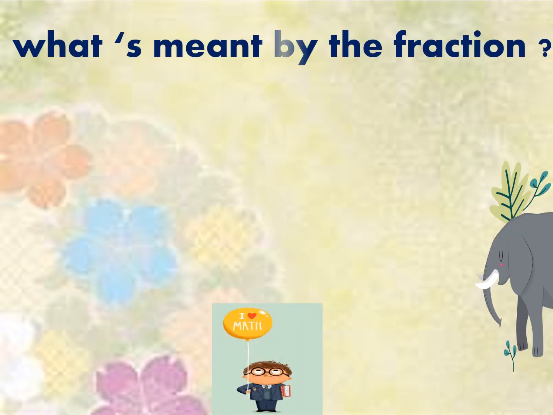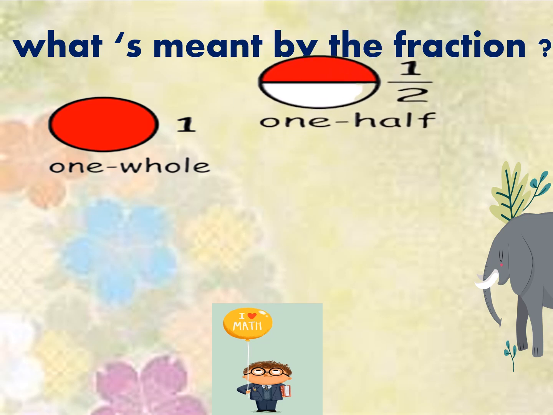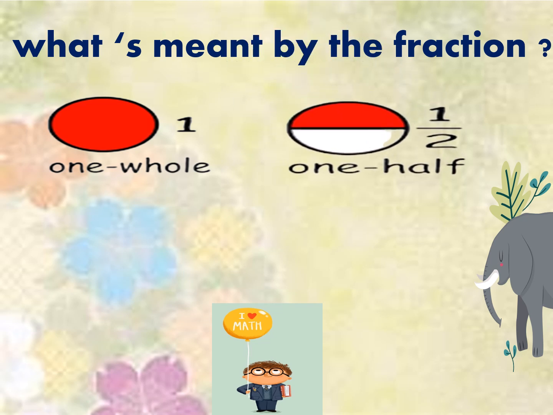What is meant by the fraction? Let's make a small revision. The first type of fraction, 1/2. Remember that on top I write the number of the colored parts and a dash, then on the bottom I write the total number of parts.